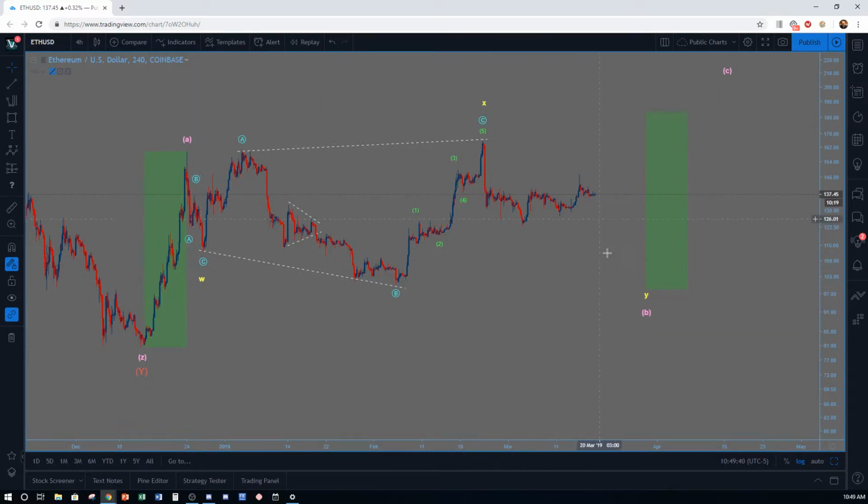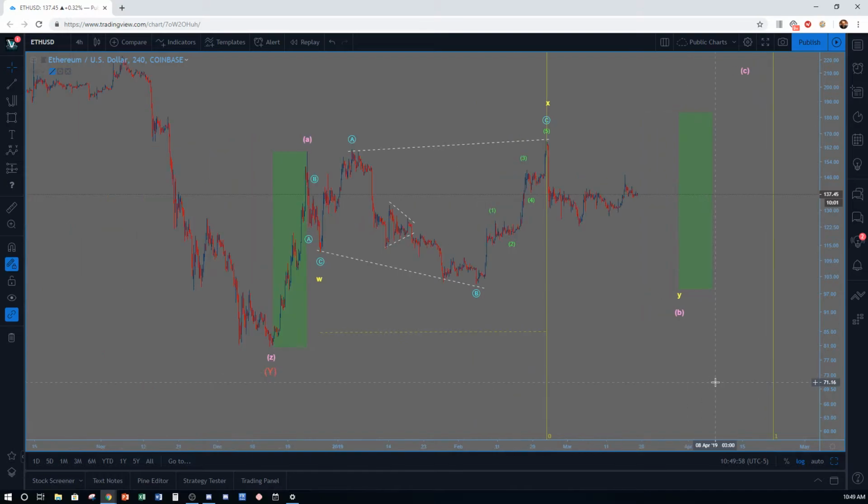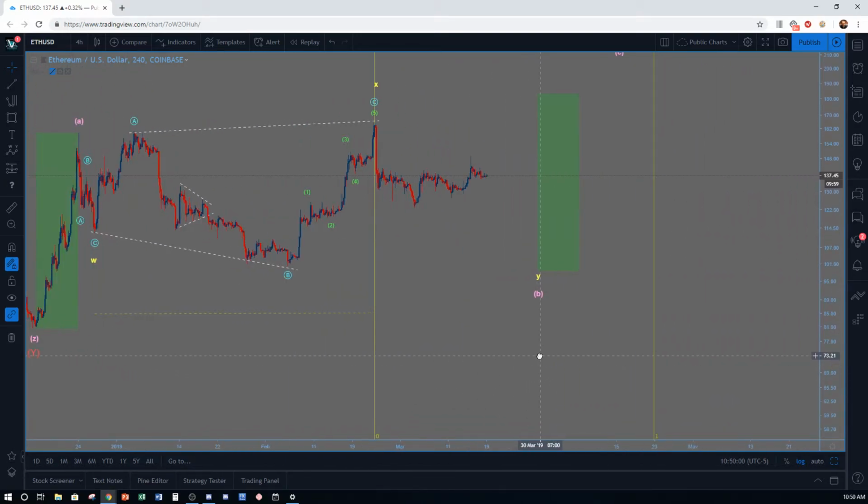Commonly in a WXY, you have 2 waves that are related in terms of time. And as I already pointed out to you, the W is much quicker than what my proposed Y has been. So perhaps we're taking closer to the time of our X wave. When time is long, it would take us a long way out.